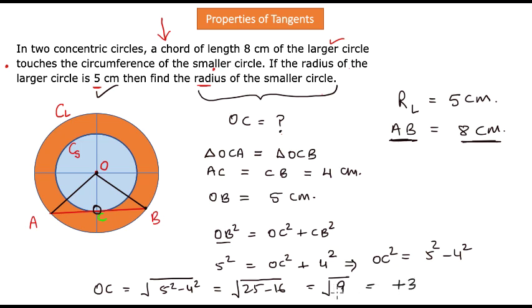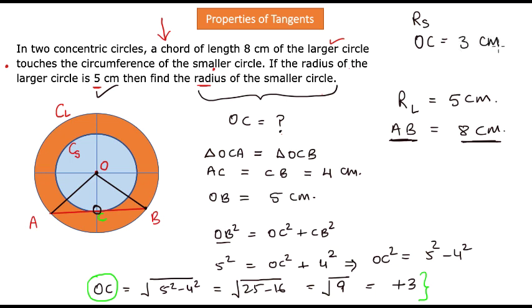Because square root of 9 will give you two values, plus 3 and minus 3. But since the distance OC is a positive distance, because distance cannot be negative, we always take the positive value of this square root.